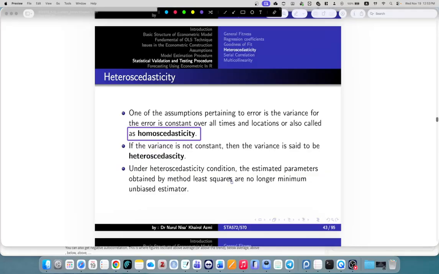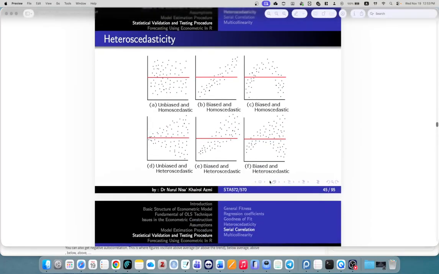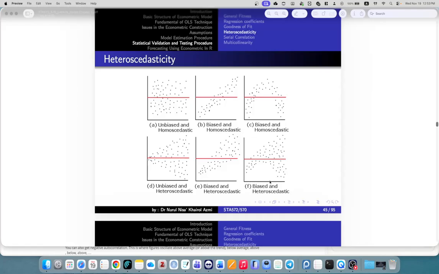Not constant. So we can check the characteristic of our error term by plotting the residuals. You have the fitted observation and the actual observation.